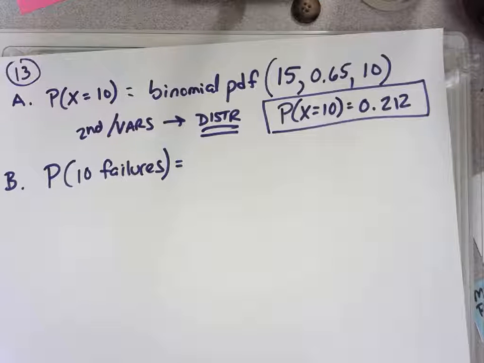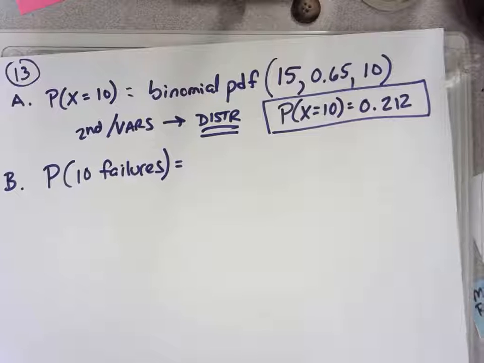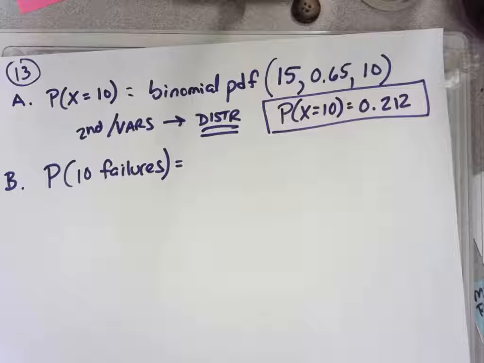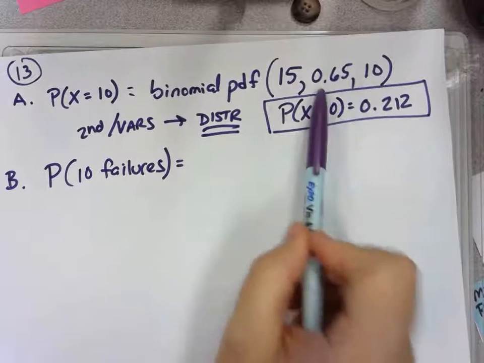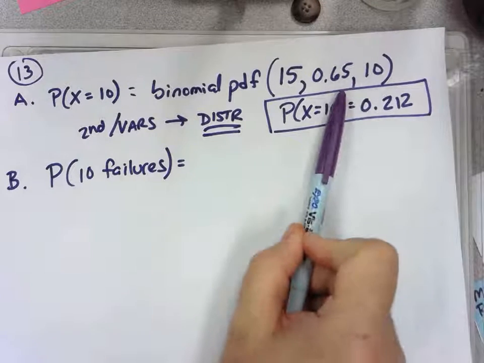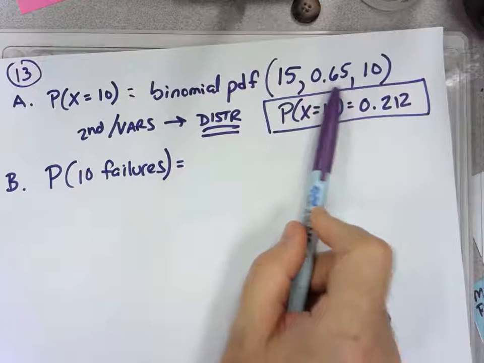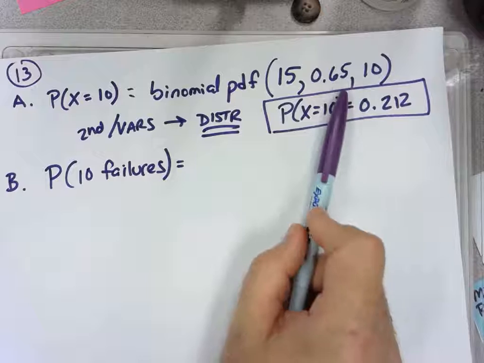I can work this the same way, but remember we said your successes do not have to be a positive thing. It can be something bad. Can I treat a failure as a success? Yeah, if I change the probability. I could use this right here, but switch it and use the complement, which is 1 minus 0.65.